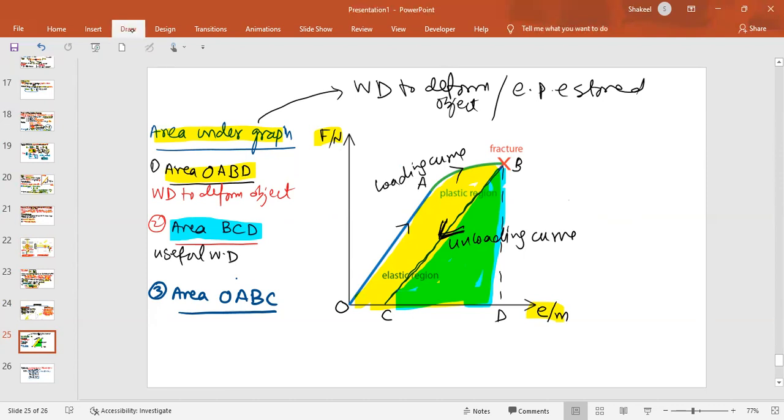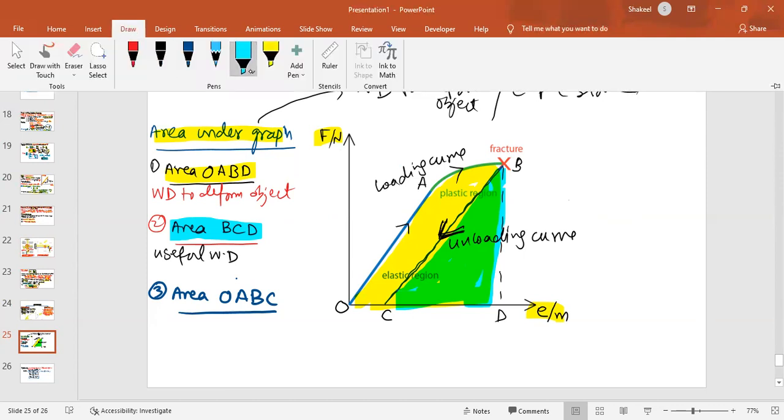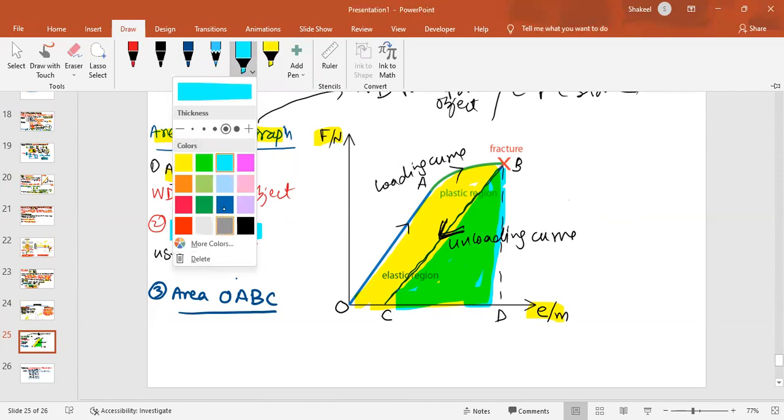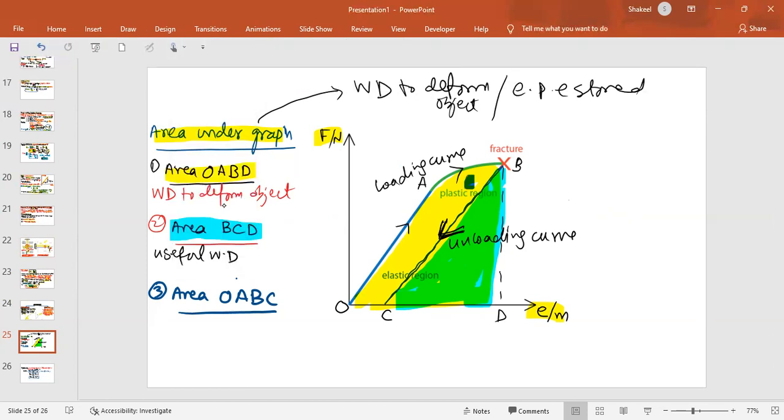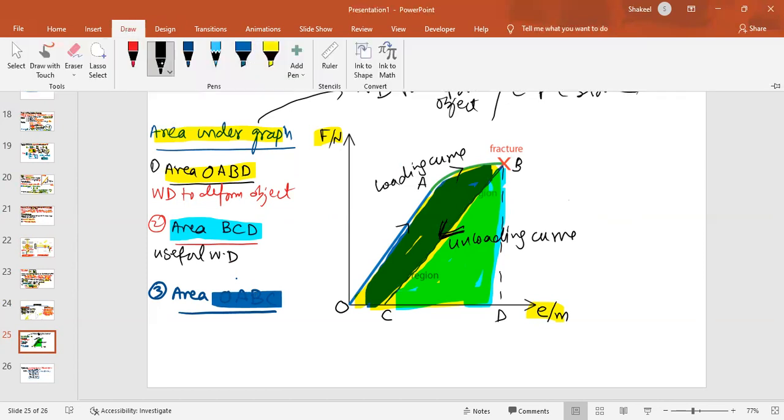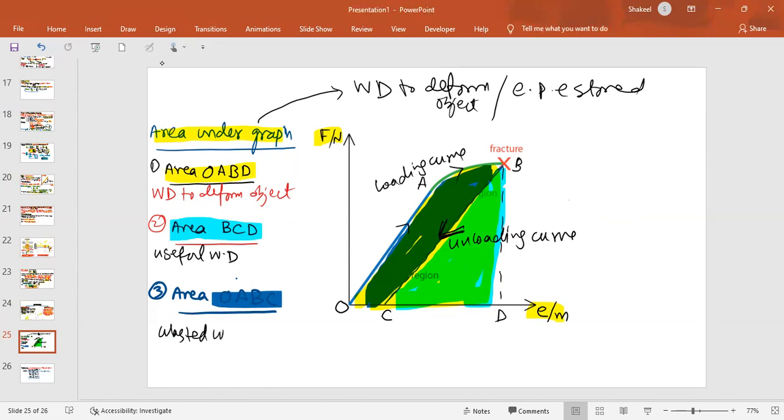Then there is a third area as well, which I have to shade with a different color. Okay, let's color it like this. If you look at this area now, which is O, A, B, C, this area gives you the wasted work done, or this is actually the internal energy stored in the object.